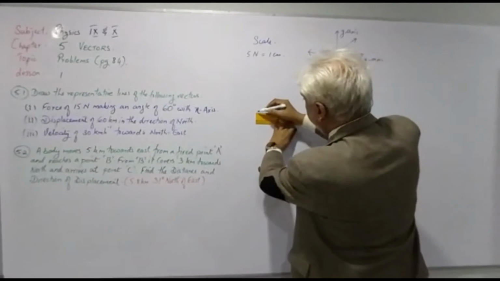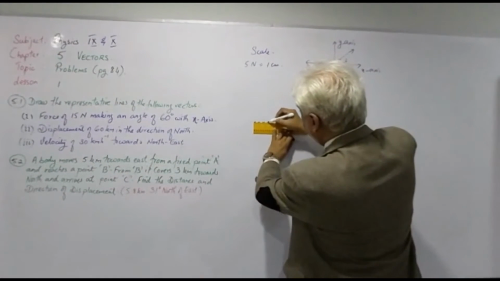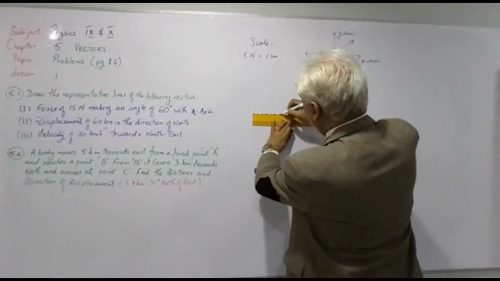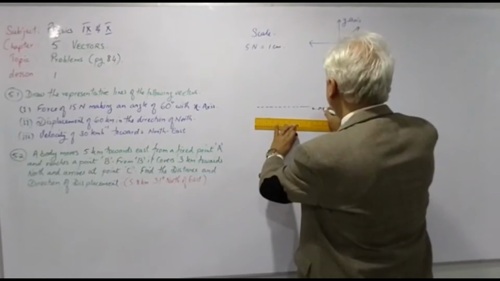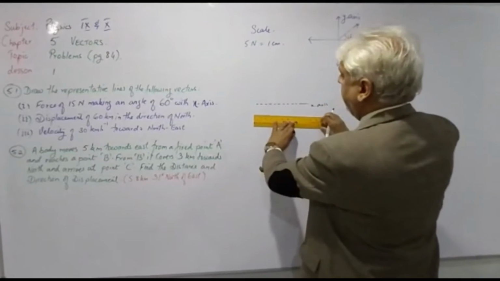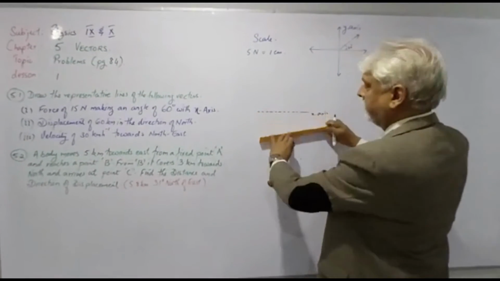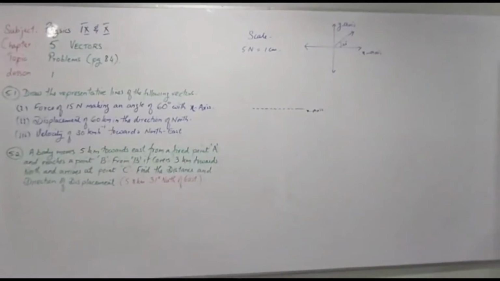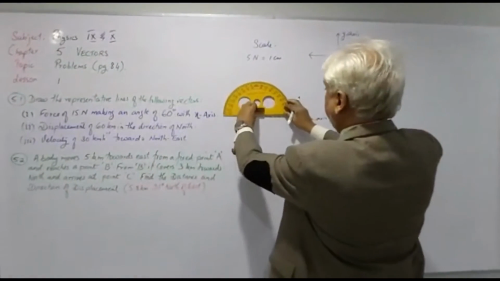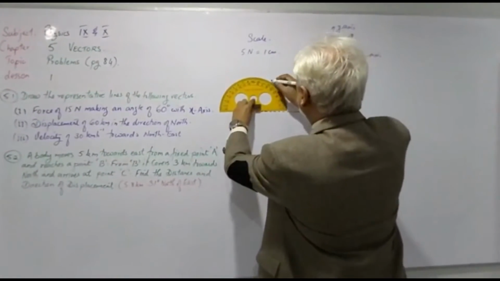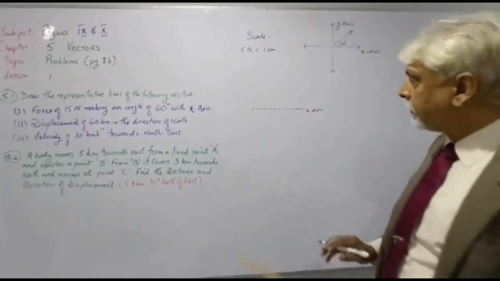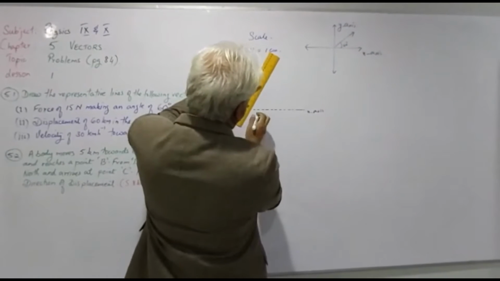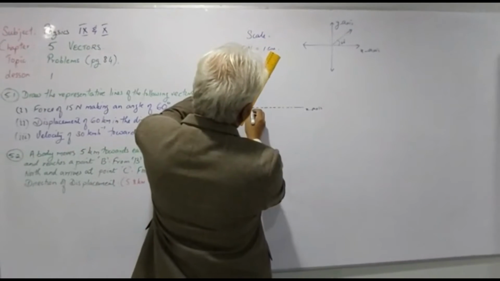Okay, first I have to draw the x-axis. This is my x-axis. And 60 degrees would mean, if I take this, 60 degrees would mean here. This is 60 degrees. I will draw a rough line over here.